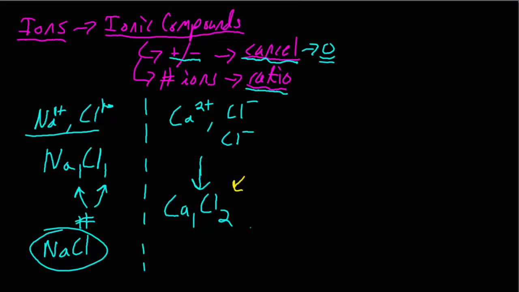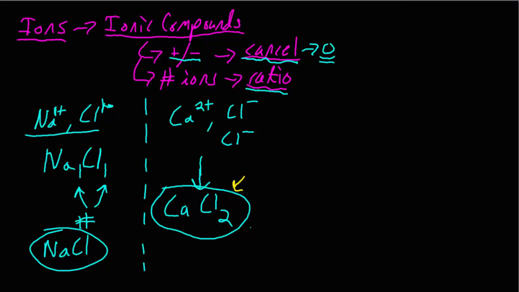And again, we really don't need to write this 1 in, so we can get rid of it. This is the chemical formula for CaCl2. This is actually kind of neat. This is icy melt, the stuff you put on your roads and sidewalks and driveways in the wintertime to help with the ice.